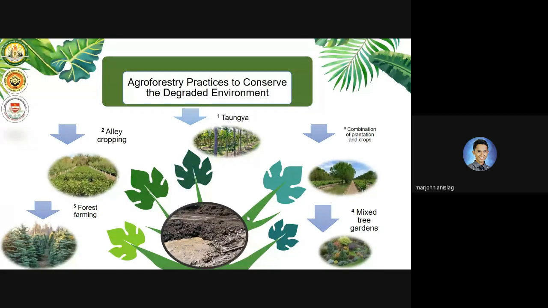Each of them can bring back the fertility of the soils, clean soils and water contaminated with toxic chemicals, promote biodiversity, and mitigate the climate change impacts. Further, any one of us has the right to be a leader and establish this type of farming system to conserve our environment.